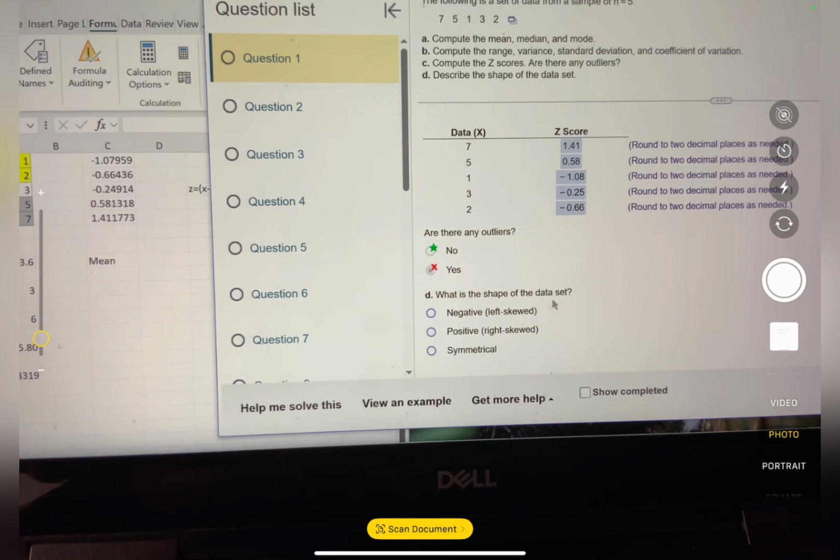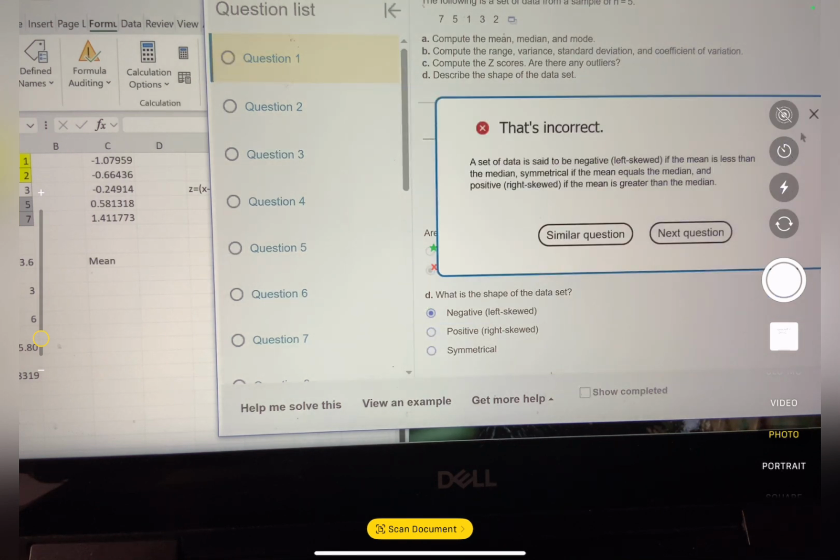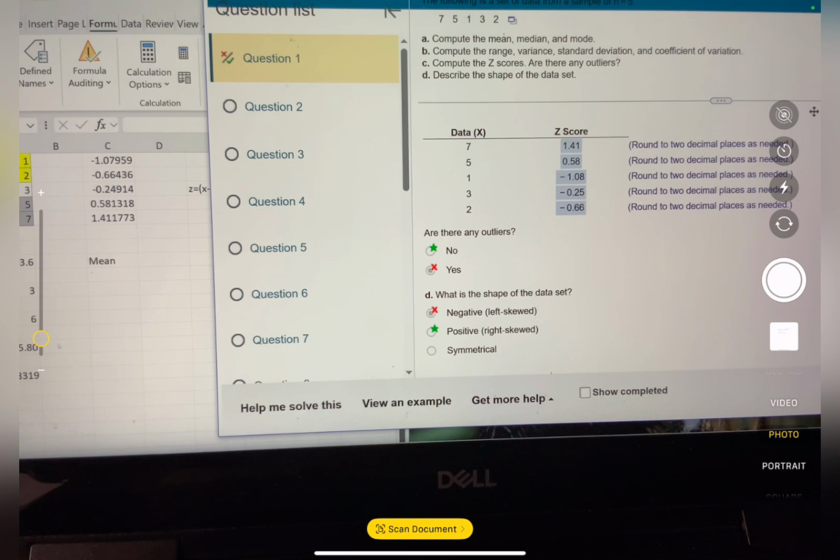So what is the shape of the data set? Look, we have a lot of negatives, right? 2 positives and 3 negatives, so it's going to be negative, left skewed. Why is it incorrect? The positive one is greater by absolute value. See, the biggest by absolute value is negative 1.08, but positive 1.41, even though we have three negatives.